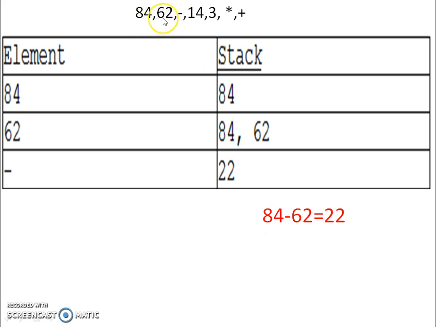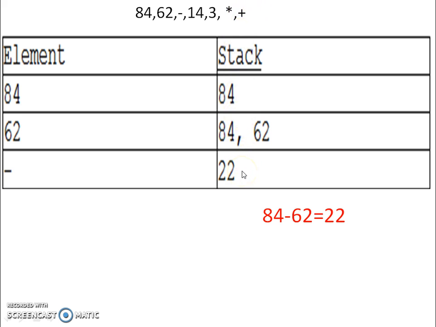If you remember this point, your answer will never be wrong. That means we are going to evaluate 84 and then 62, not 62 and 84. So it will be 84 minus 62 and the answer will be 22. Then you have to push the result inside the stack, which is 22.